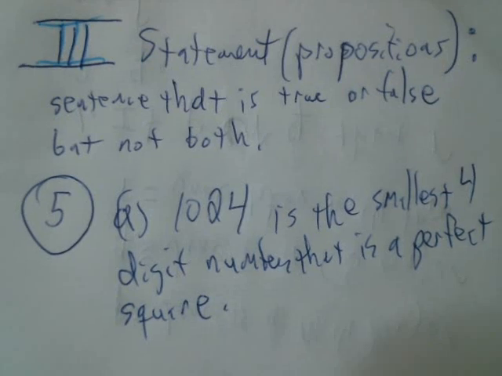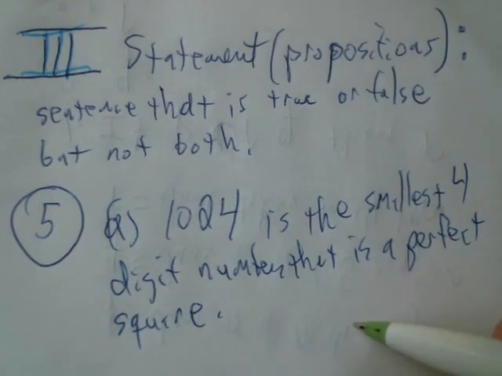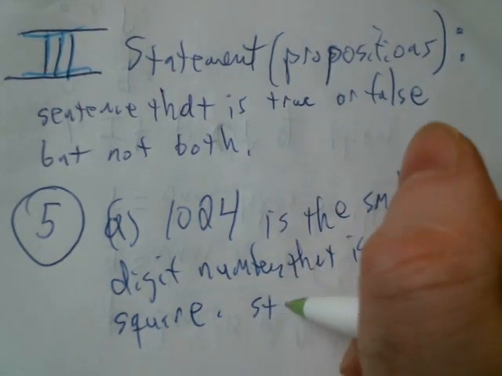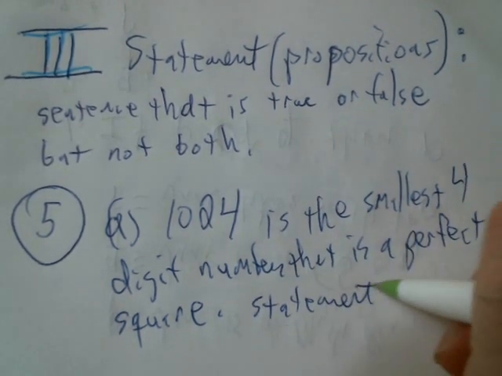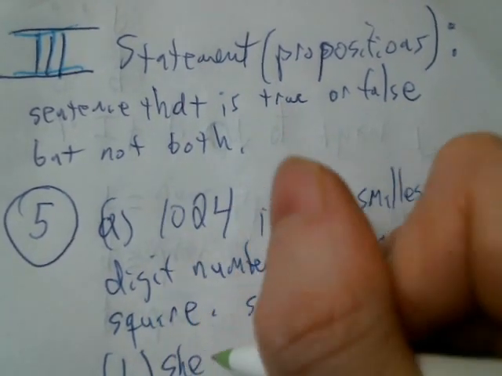Okay, this is something we can figure out if it's true or false. Regardless of whether it is true or false, I'm not going to bother figuring that out. It seems like it is either true or false. It's not going to be both, so this is a statement. Okay. Part B, she is a mathematics major.